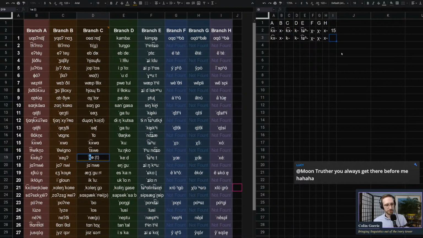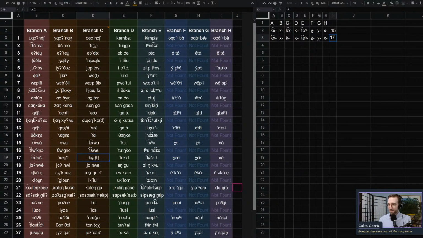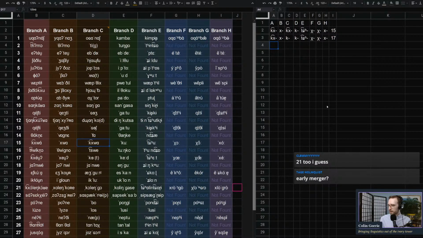Interesting. So in 17 we have this. Now, of course, there is a different vowel. We have this delightful central vowel here in 17, and we have this low back vowel in word 15. That could be a potential way to resolve this problem. Let's see. 21 as well. Yeah.